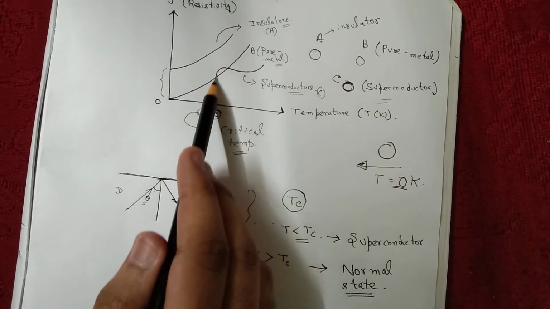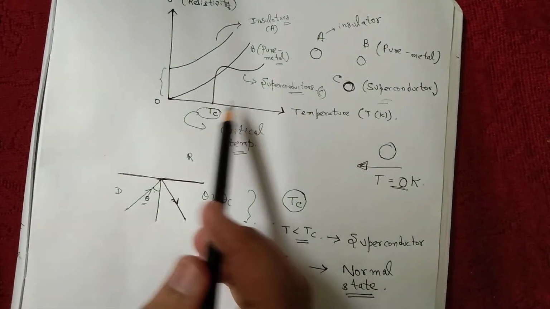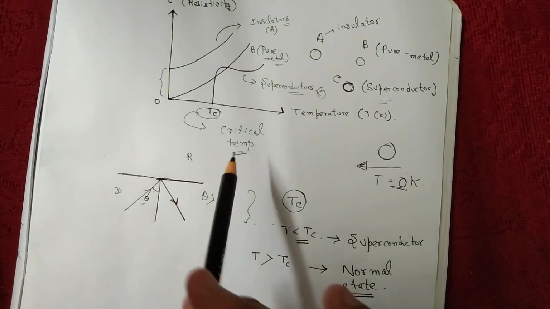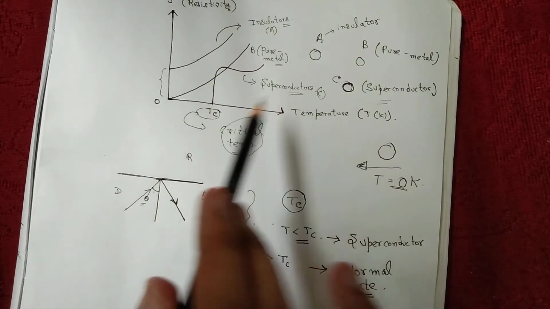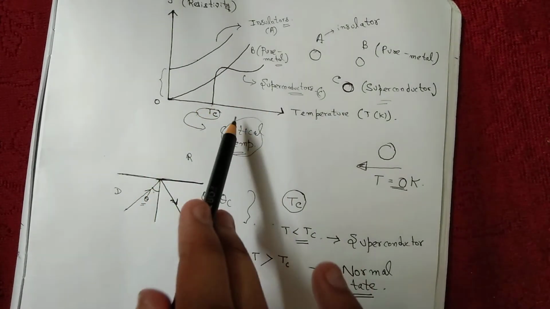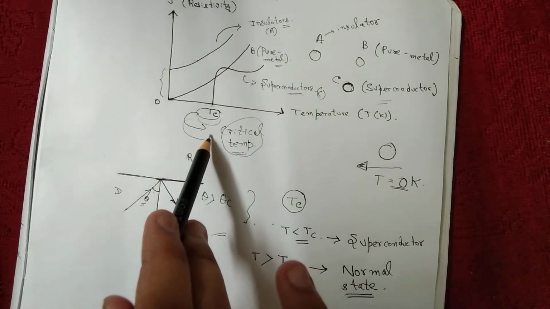It's a special property of a conductor, precisely to say some of the conductors. It's the temperature at which the resistivity becomes 0, or you may say below this temperature the resistivity actually becomes 0. It's the critical temperature.